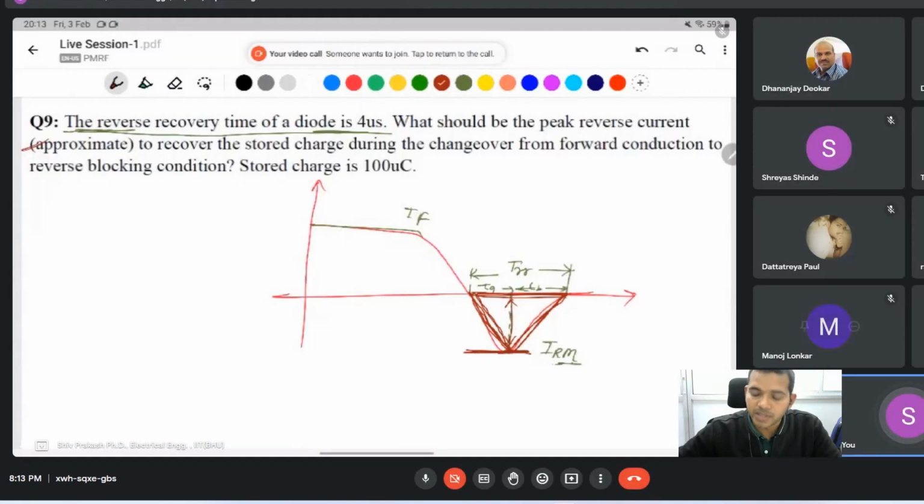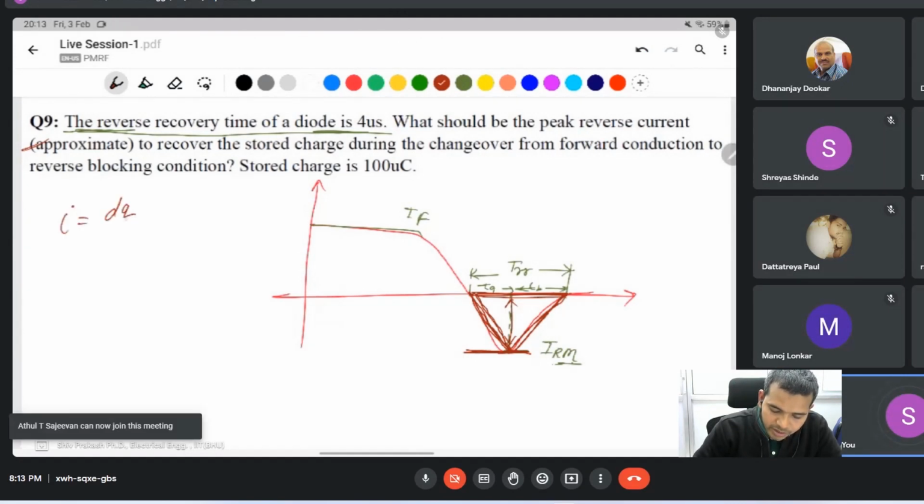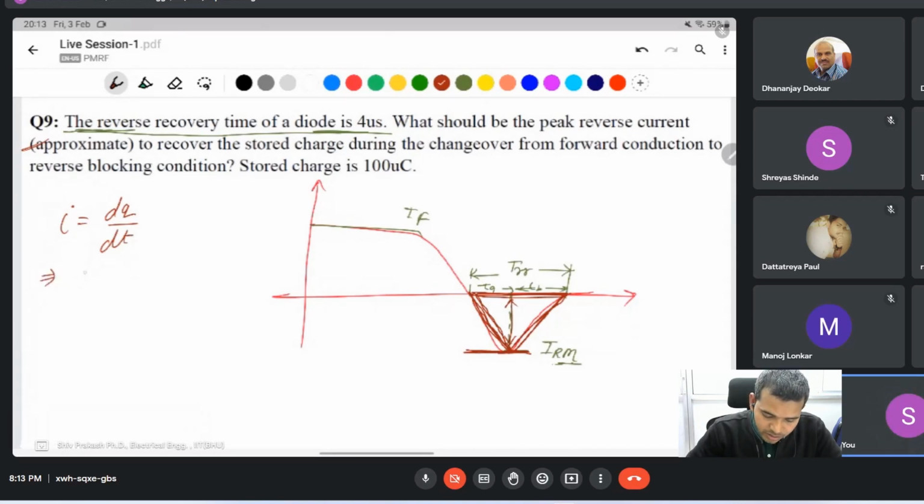You know that current flows like dq by dt, so dq is equal to I into dt. Integrating both sides, the integration of I dt is the total charge.